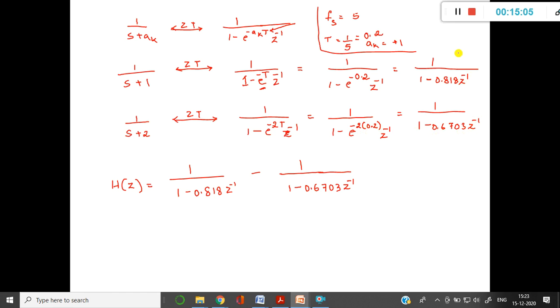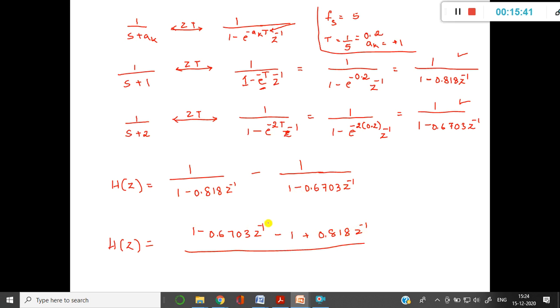Okay, now individually we got 1 by s plus 1 and then 1 by s plus 2. That once again I try to write in the form of H of z. That's it. So let me go for more simplification by taking the LCM of this. So that is 1 minus 0.6703 z inverse, minus 1 minus, minus into minus gives me plus 0.818 z inverse, whole divided by this into this.